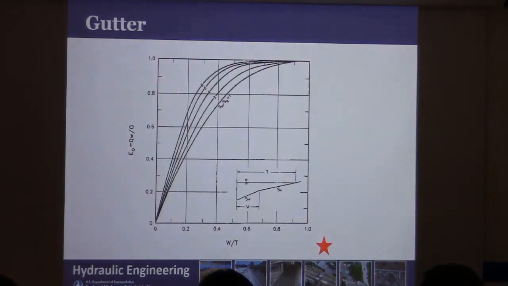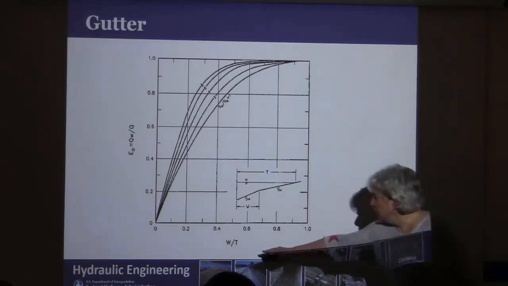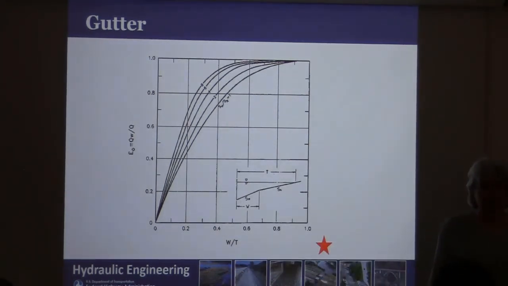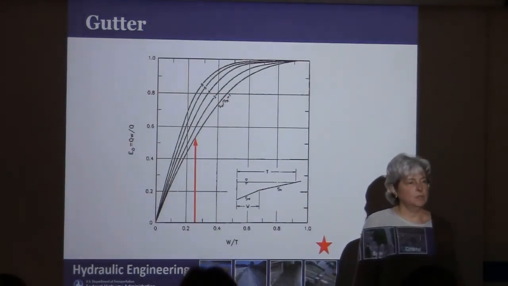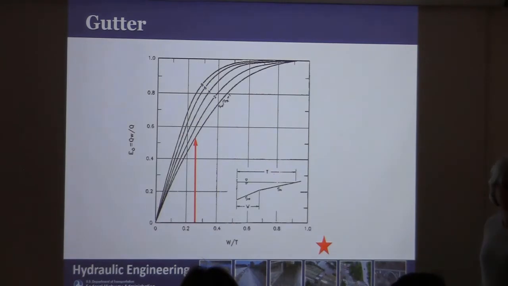So, we have this chart. Isn't that better? All you have to do is know what your W over T is, and that's pretty easy. You know your gutter width, you know what your allowable spread is. So you come in and go up to the line that reflects your S sub W over S sub X. Because it's a uniform slope, that's going to be 1, right?